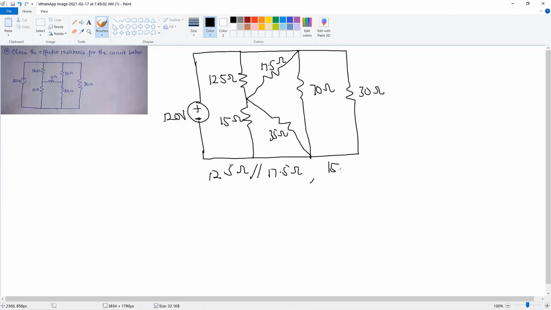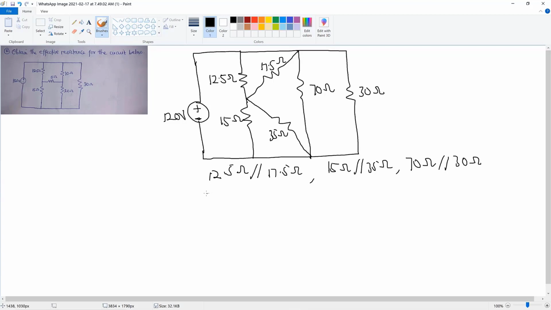And then we have 15 ohms in parallel with 35 ohms. And then we have 70 ohms in parallel with the 30 ohms. So we are going to find the effective for this portion of the circuit, find the effective for this portion, find the effective for this portion as well, and then put them on the outer branches.